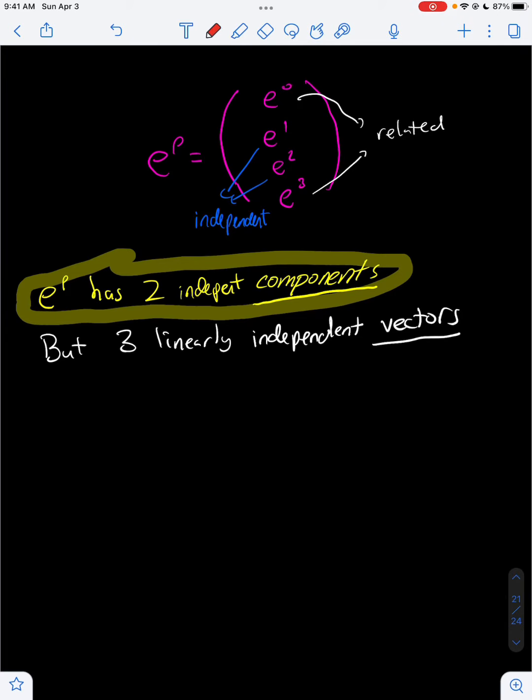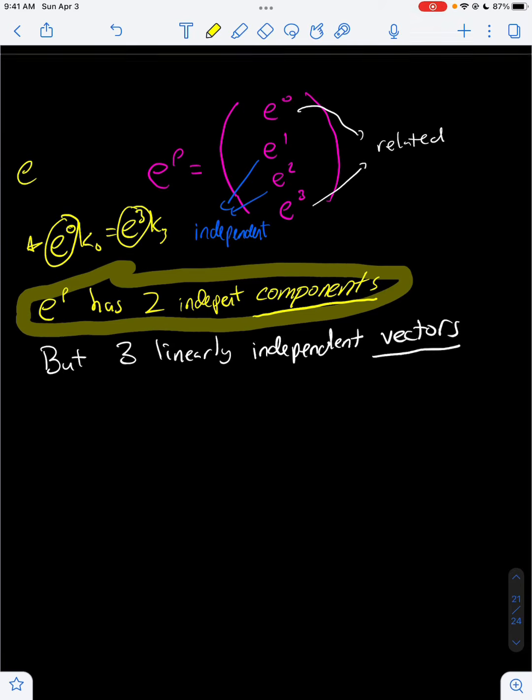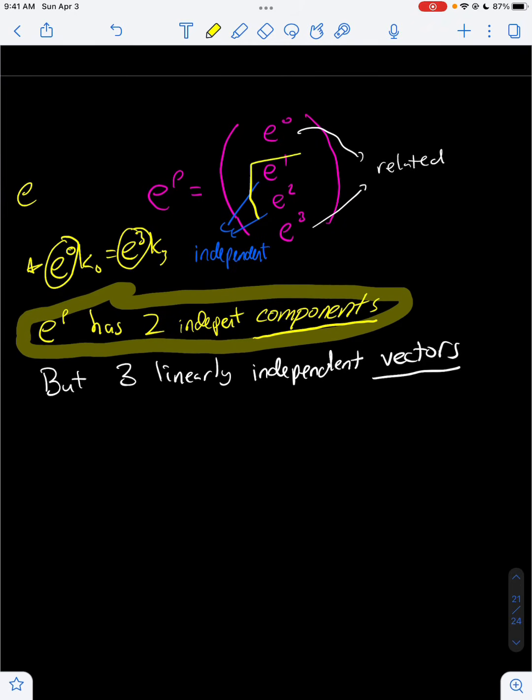And that's because we have the condition that E naught K naught equals E3 K3, right? Since E naught will depend on E3, and E3 will depend on E naught, this means that it will have only two independent components. Now, I said linearly independent components, and that's technically incorrect.